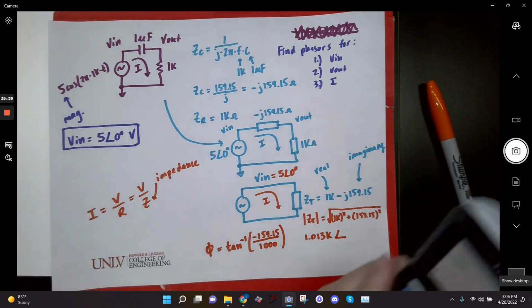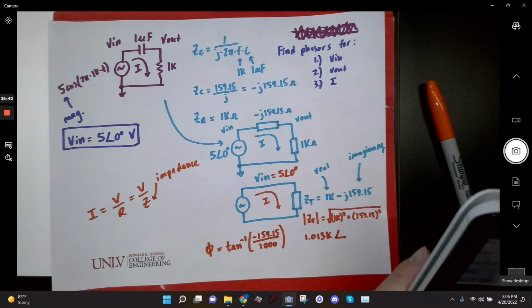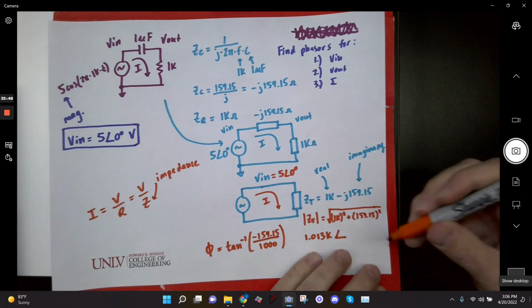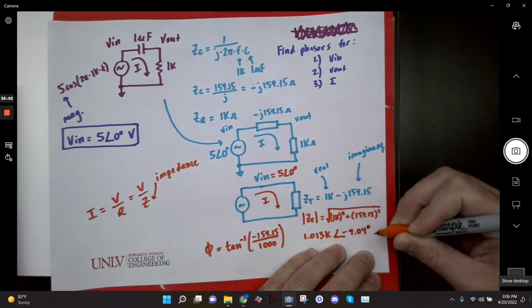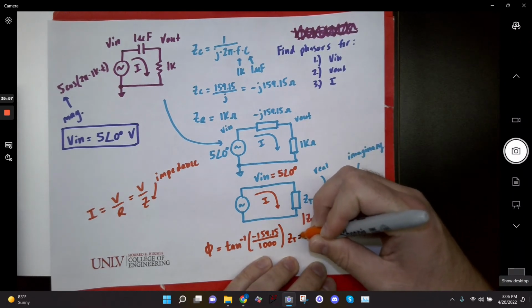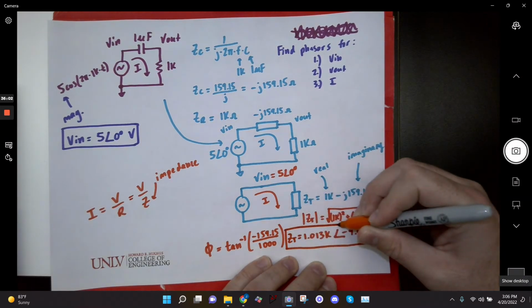Let's plug that in. Tan inverse of negative 159.15 divided by 1,000, negative 9.04. And that's ohms. So that's Z in phasor form. All right?